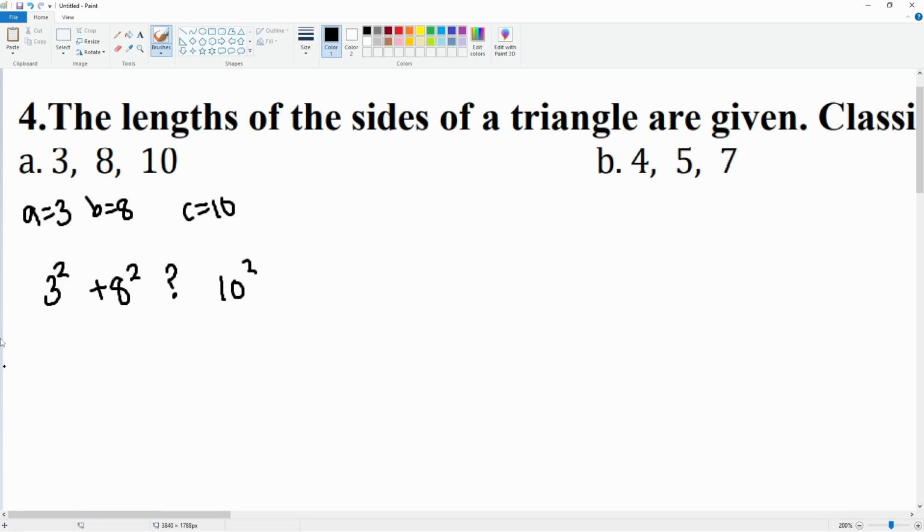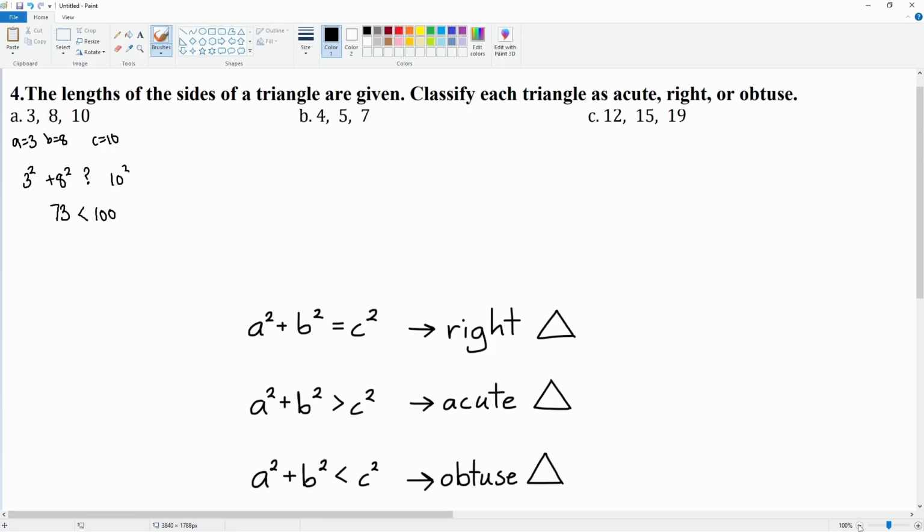Okay, 3 squared plus 8 squared is 73 if you plug it in your calculator, and 10 squared is 100. Okay, 100 is bigger, so we know that here the c squared is bigger, so this is going to be an obtuse triangle.